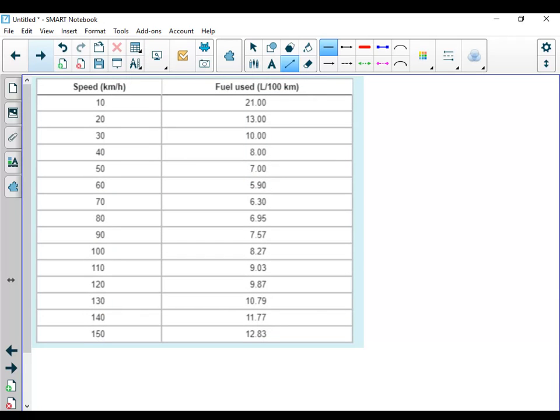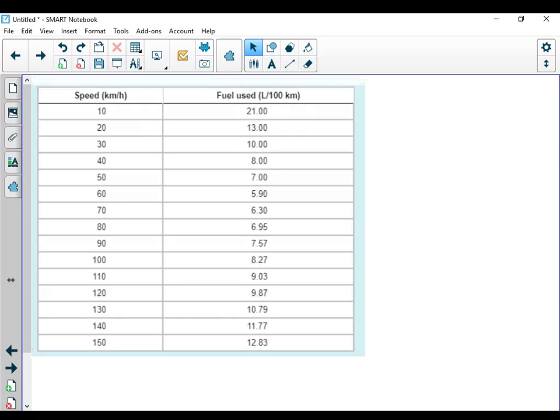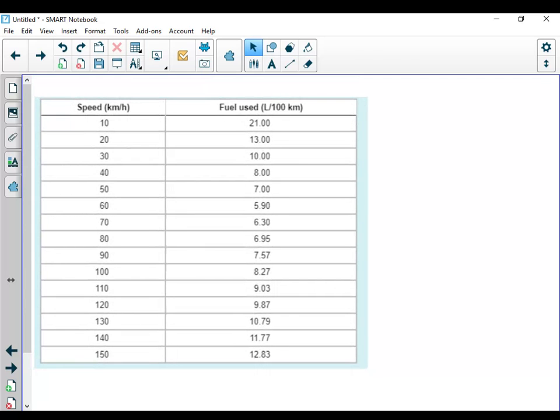So in your calculators, I'd like you to enter the speed from this column into L1 and then put the fuel used into L2 in your calculators.